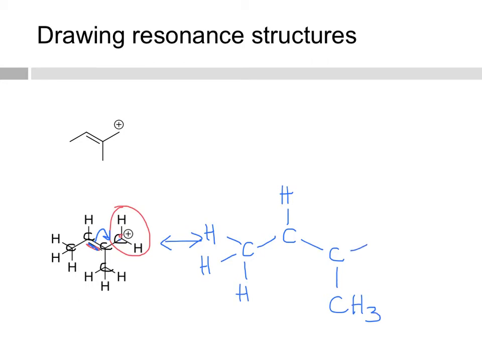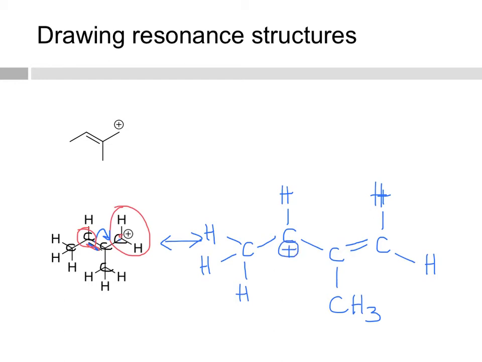And finally, we've got what was originally our carbocation. So this is where we originally had the positive charge. Now because we've moved this pair of electrons over, we've got a double bond here. So this is where we formed the new pi bond. And because now this carbon is no longer with its full octet, we've got a positive charge on this carbon.